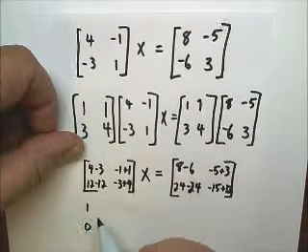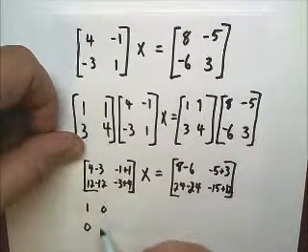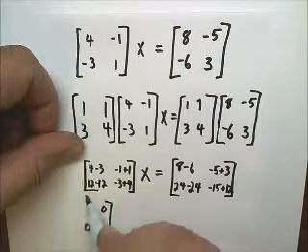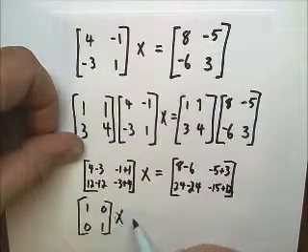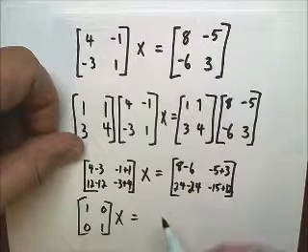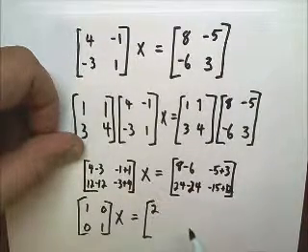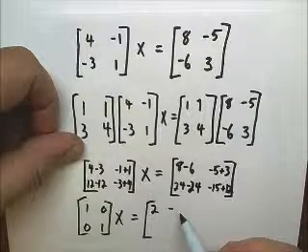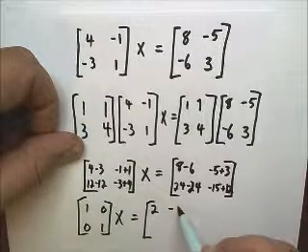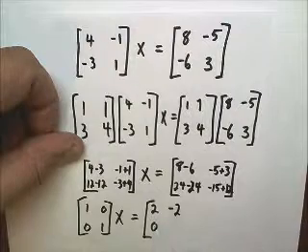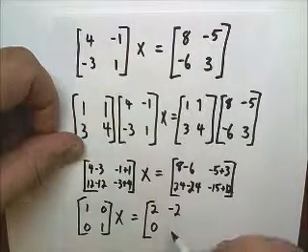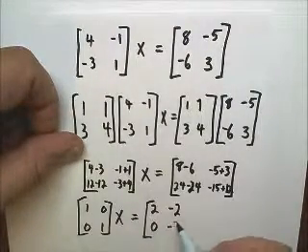That's 1, 0, and 0, 1 times x equals this, which is the matrix 2, negative 2, 0, and negative 3.